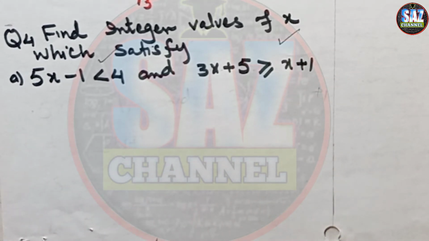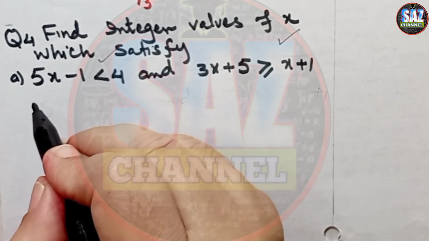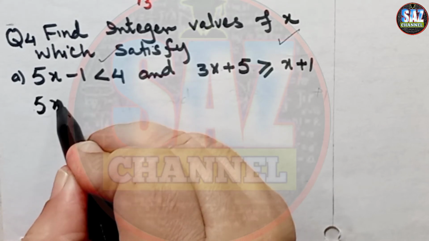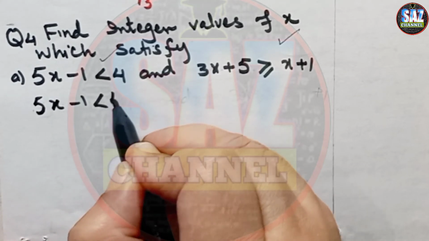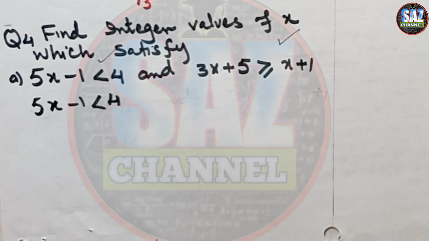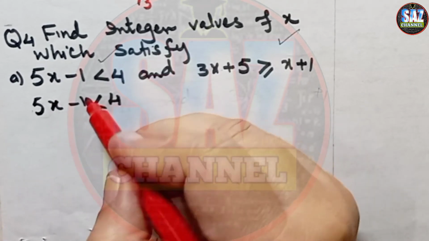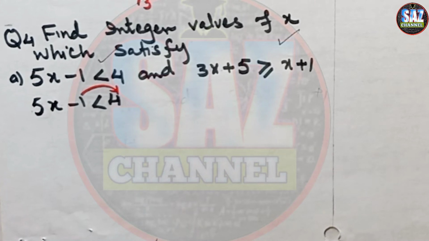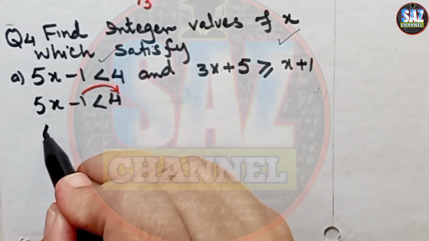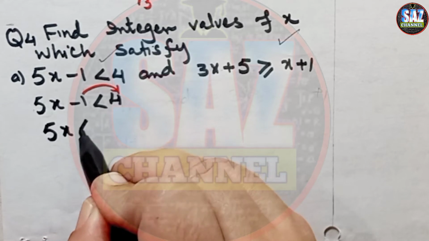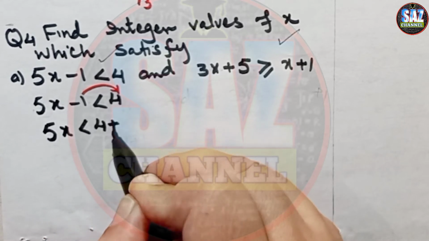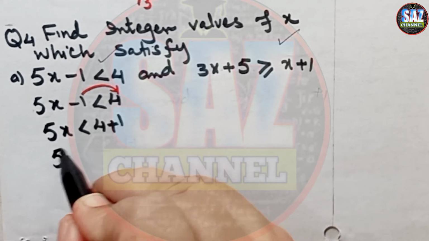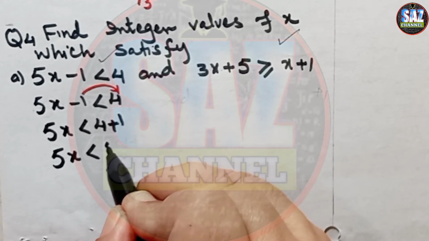So in order to get the integer values, first of all, we have to solve the given inequalities. The first part is 5x minus 1 is less than 4. In order to solve the inequality, shift this 1 to other side and it will take the form 5x is less than 4 plus 1, or 5x is less than 5.